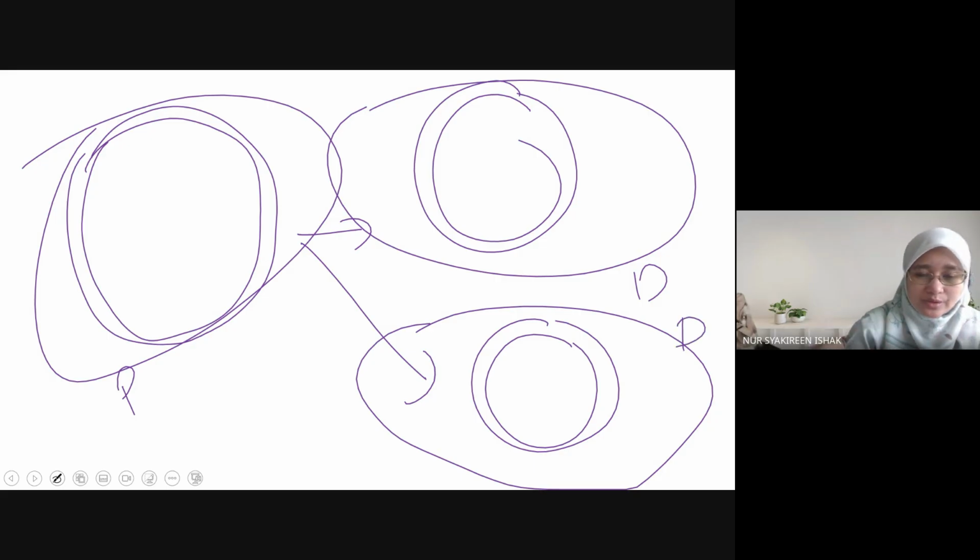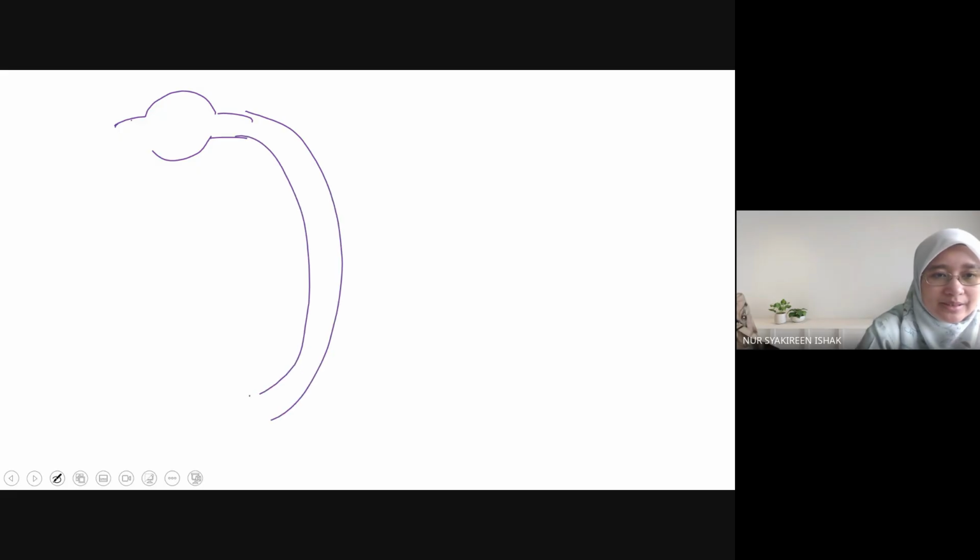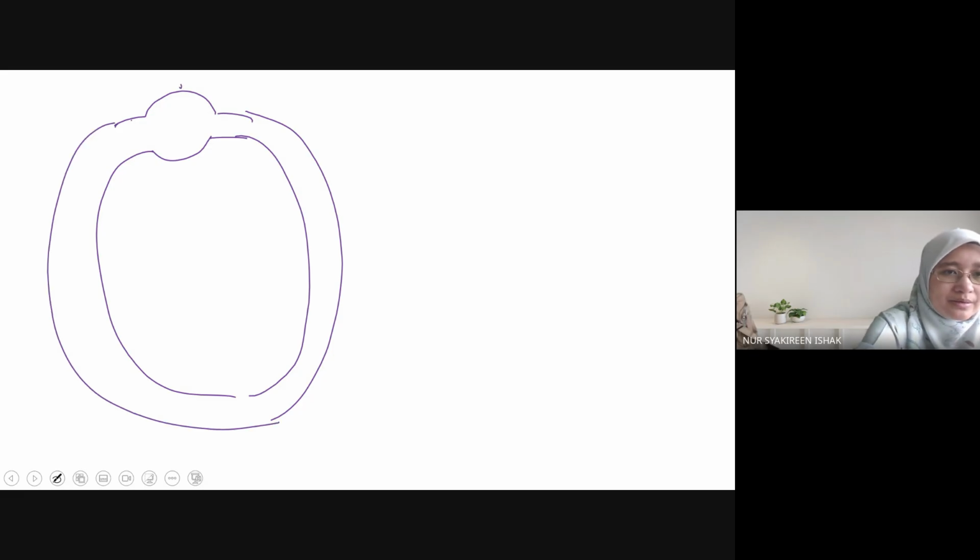In order for this to occur, the plasmid will open the DNA. It starts to open the plasmid through the formation of a replication bubble at the origin of replication.